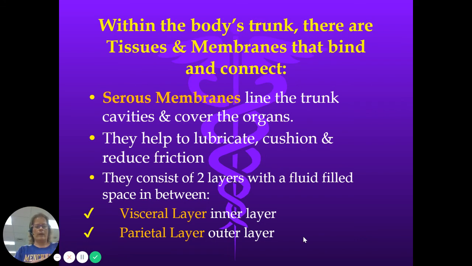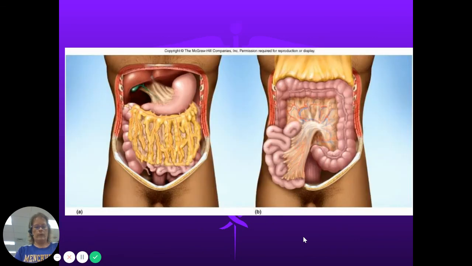Not to mention that your heart's constantly beating, your lungs are constantly inflating and deflating as you're breathing. So you need something in there that's going to help with the cushioning, lubrication, and all that. So inside these serous membranes are two layers, and there's fluid in between. The visceral layer is the inner layer, and the parietal layer is the outer layer. And again, there's fluid in the middle to help with that cushioning and lubrication.